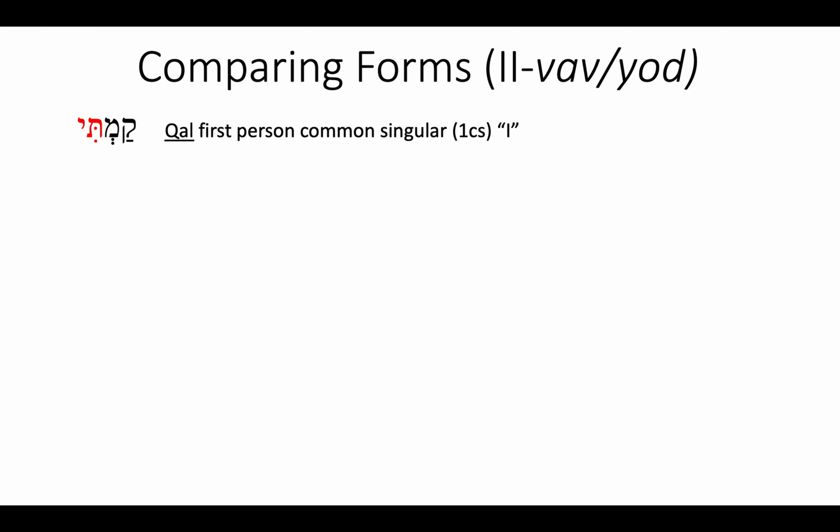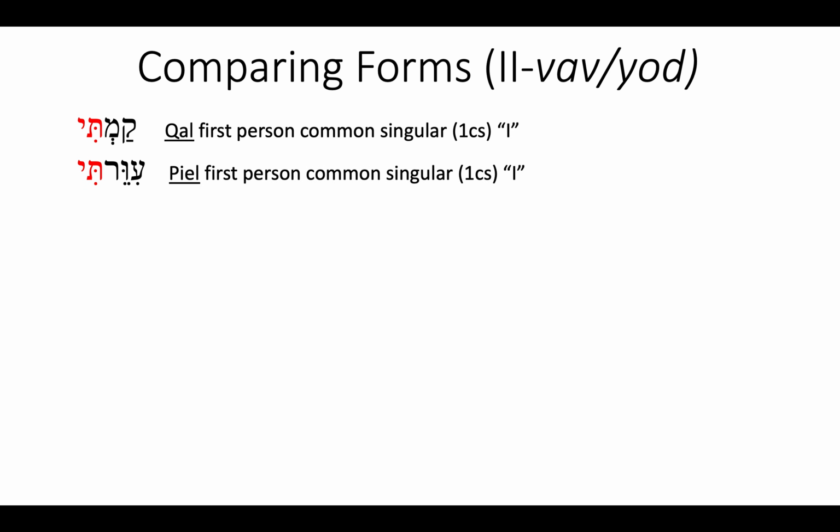And the form for the first person common singular here is qamti. So the middle vav has completely dropped away in this form. And you may remember that in Qal participles, the exact same thing happens, that the middle vav drops out. So we end up with qamti.